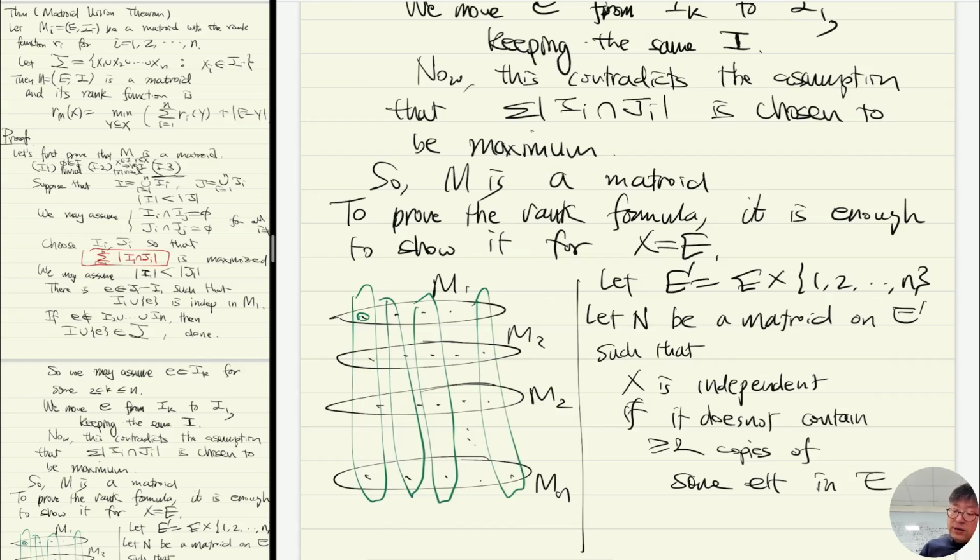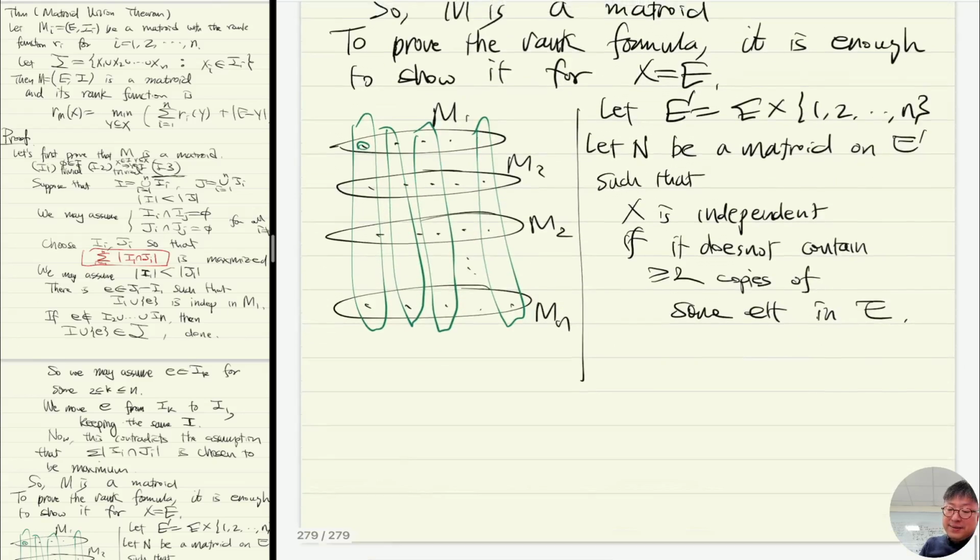Now N is a matroid on E prime where a set is independent if it doesn't contain more than one element from the same column. So it's independent if it contains at most one element from each column. So that's the one matroid I define.